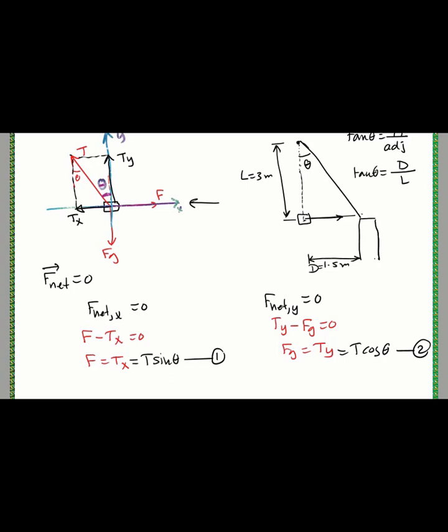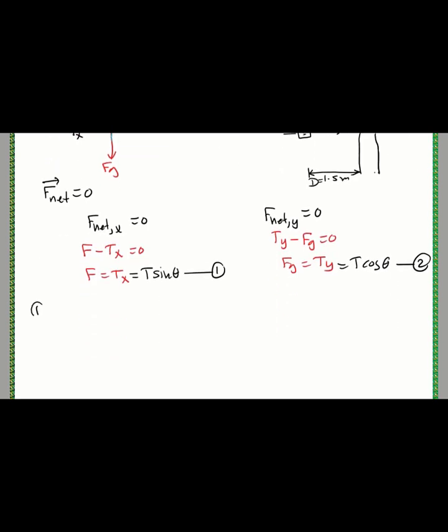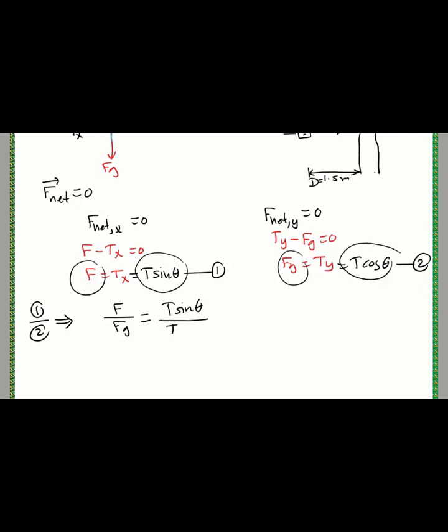To solve these two equations simultaneously, divide them on each other. By dividing equation 1 over equation 2, what we will get? F over Fg should be equal T sine theta over T cosine theta. That's it. Easy like that.